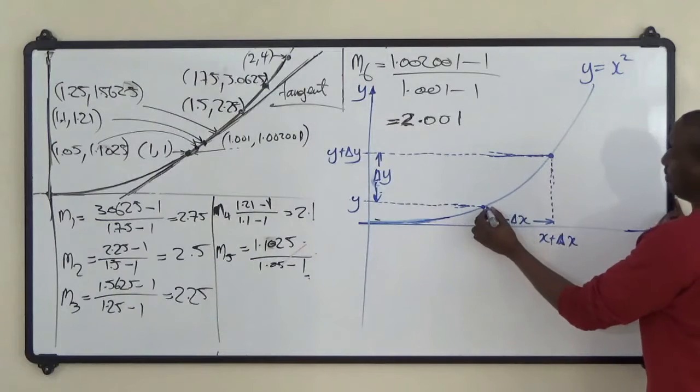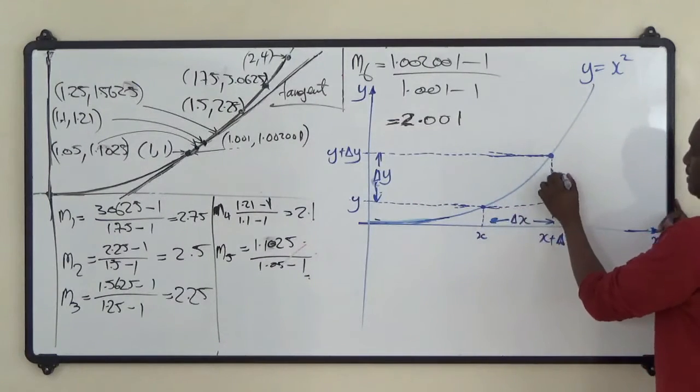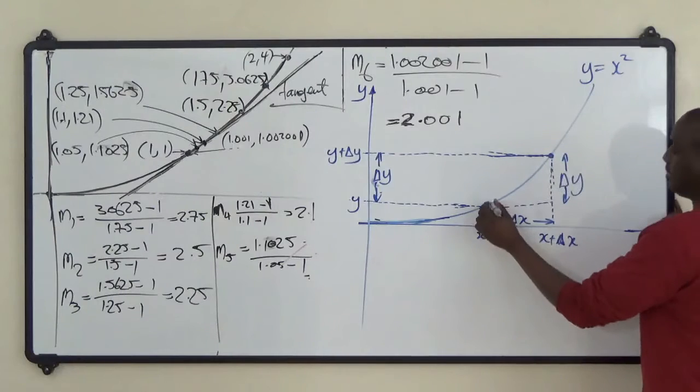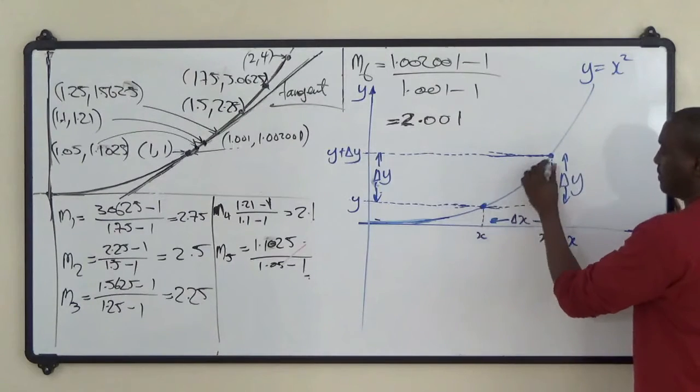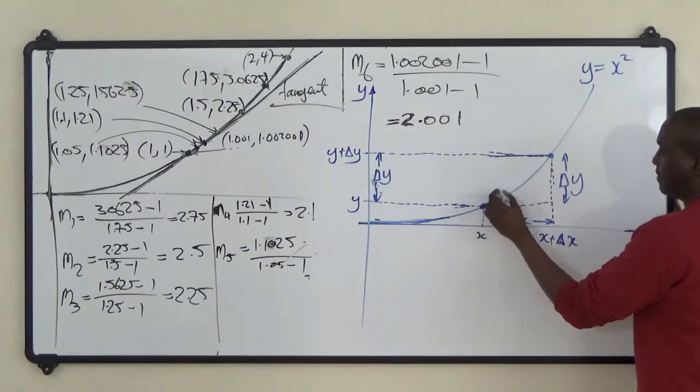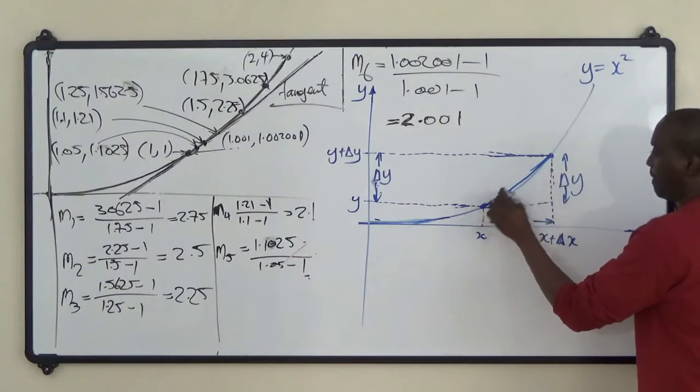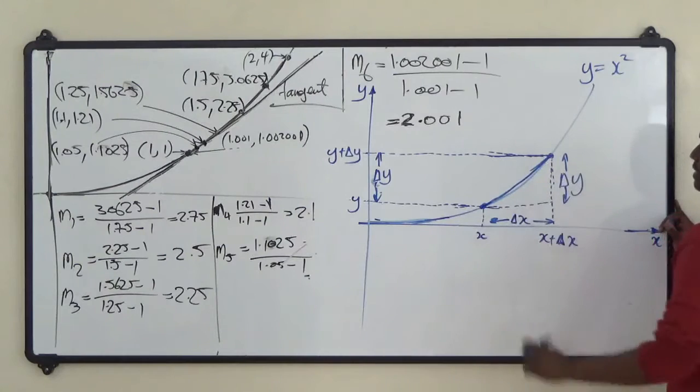So this is your delta x here, and that's a delta y here. Right? So in other words, the gradient of this general line segment would be delta y over delta x.